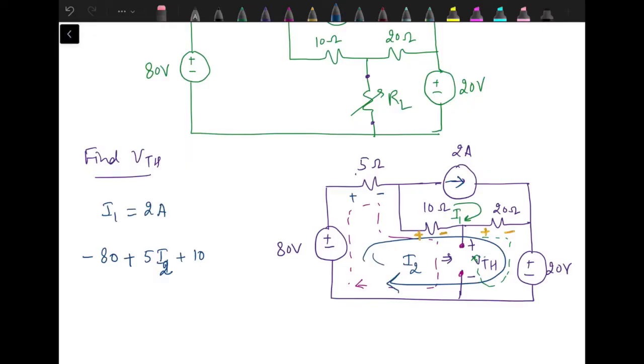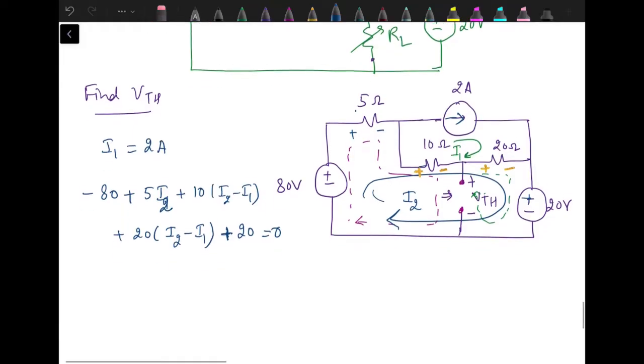Then current through 10 ohm resistance is I2 minus I1, which is in same direction with I2. Then drop across 20 ohm is 20 into again current through 20 ohm resistance in direction of I2. It will be I2 minus I1. Then we have 20 volt source for which positive sign came first, so plus 20 over here.